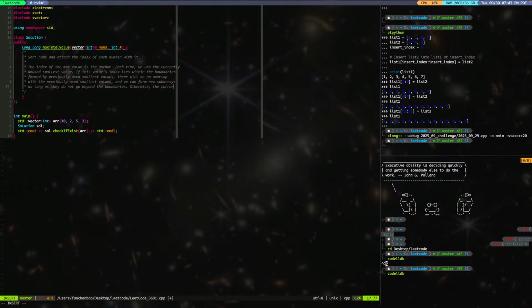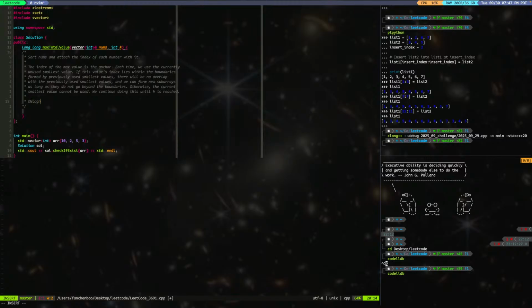Otherwise, the current smallest value cannot be used. Right, we continue doing this until k is reached. We need to sort, so it's O(n log n).